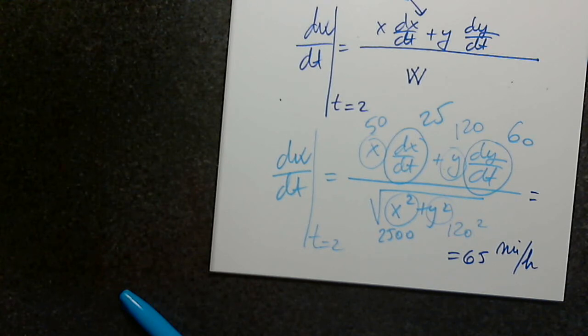Is that okay? In this instance, dx over dt is the original value, which was 25. That doesn't change.